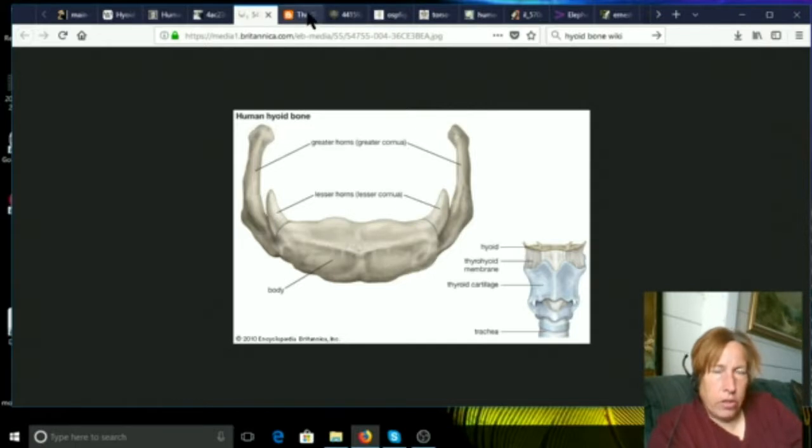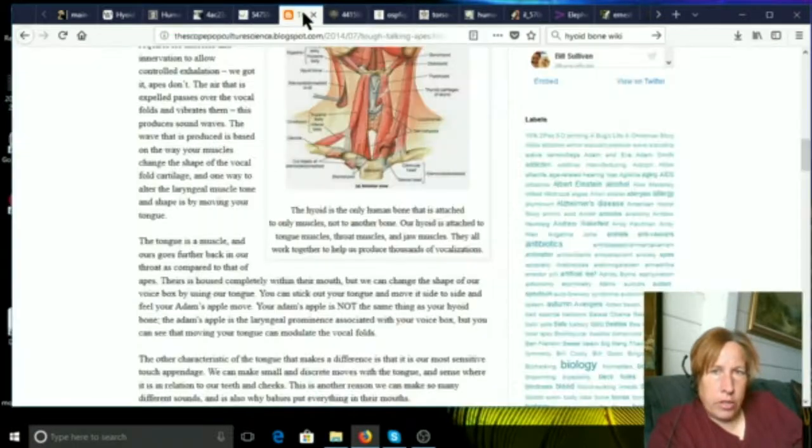Okay, this is a little blurb. This actually reminds me of the storyline I saw 4 or 5 years ago. The hyoid bone is the only human bone that is attached to only muscles, not to another bone. Our hyoid is attached to tongue muscles, throat muscles, and jaw muscles.